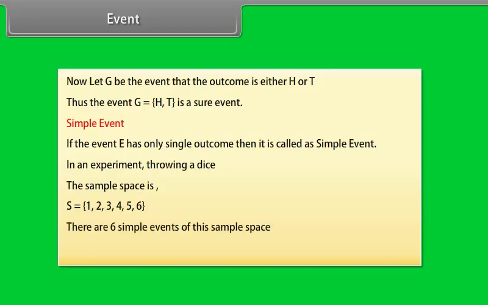There are 6 simple events of this sample space. E1 is equal to 1. E2 is equal to 2. E3 is equal to 3. E4 is equal to 4. E5 is equal to 5. And E6 is equal to 6.